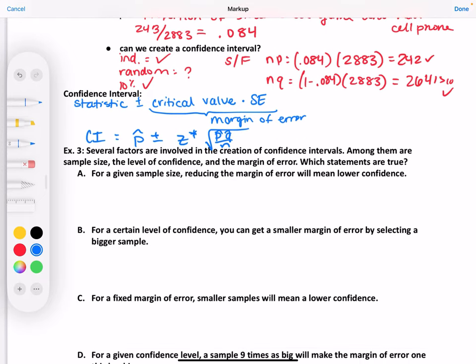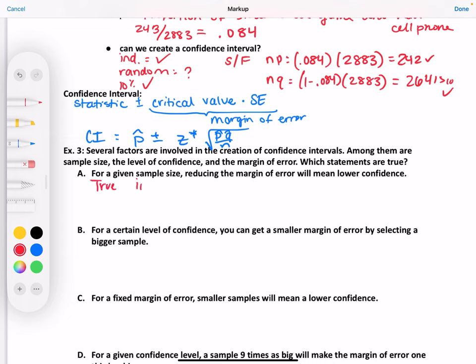All right, several factors are involved in the creation of confidence intervals. Among them are sample size, the level of confidence, and the margin of error. Which statements are true? For a given sample size, reducing the margin of error will mean lower confidence. What do you think? True or false? True.